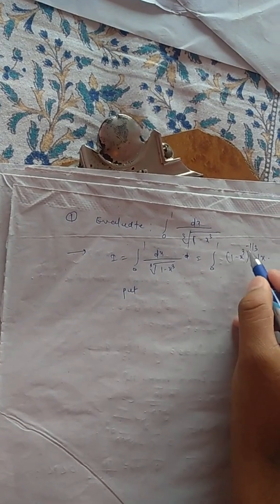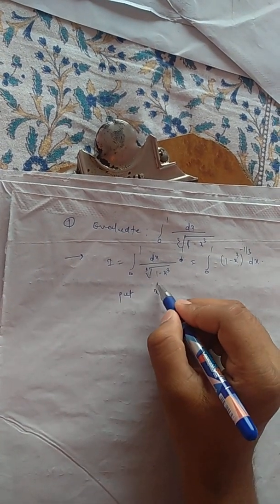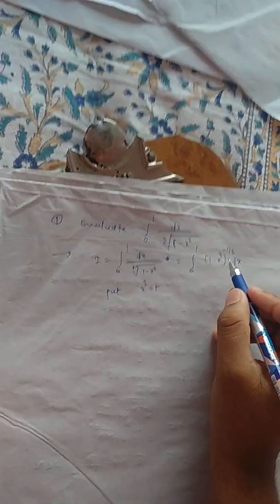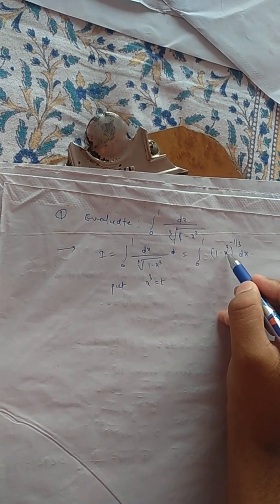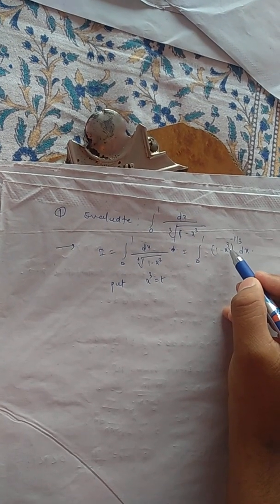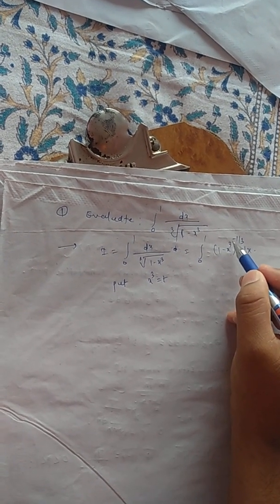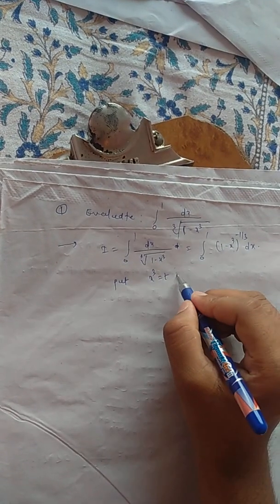Fine. Now we are putting x cube is equal to t, as the definition of beta function contains 1 minus x or 1 minus some other variable. So we are just replacing x cube is equal to t.